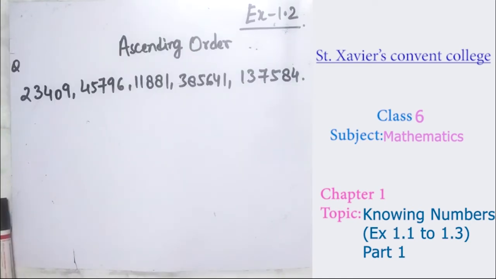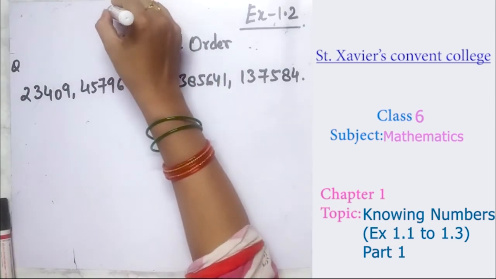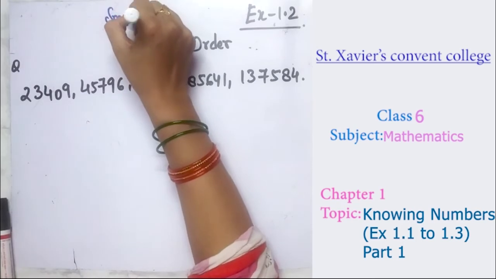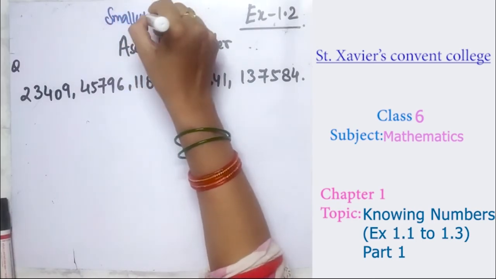Now we have to arrange these numbers in ascending order. As I have told you before, in ascending order you put the smallest number first on the left hand side and make it ascend to the greatest number on the right hand side.